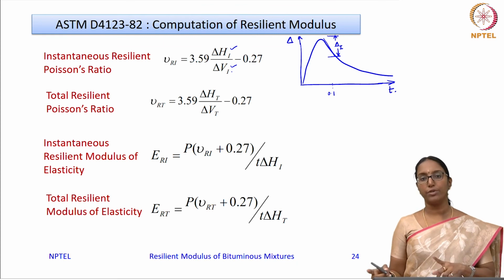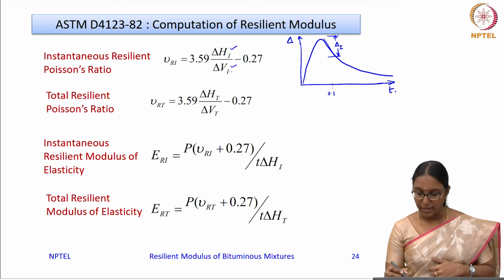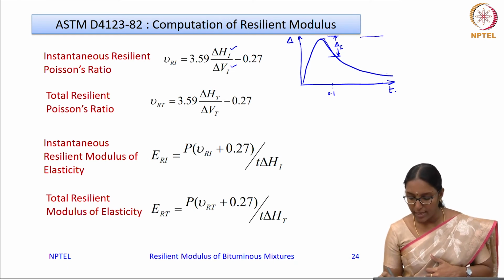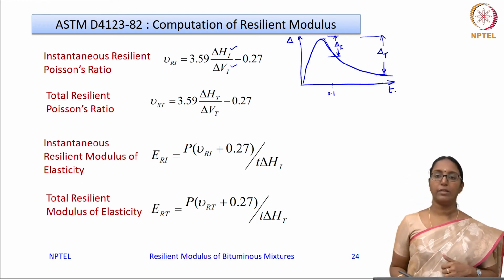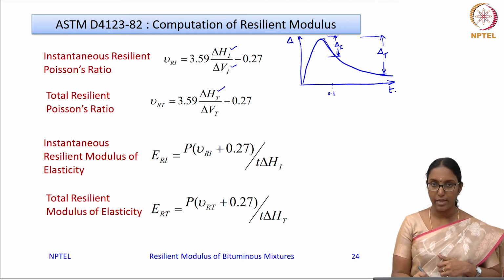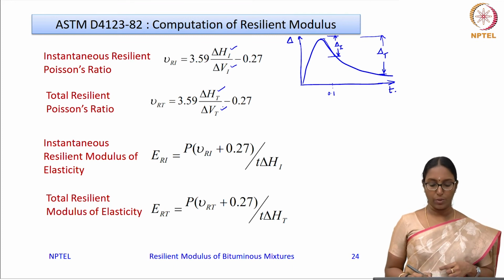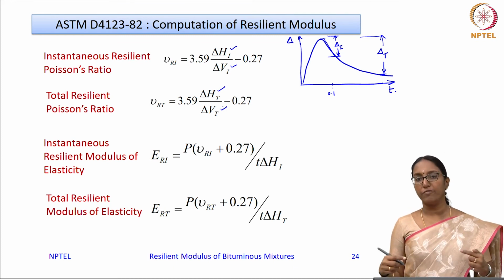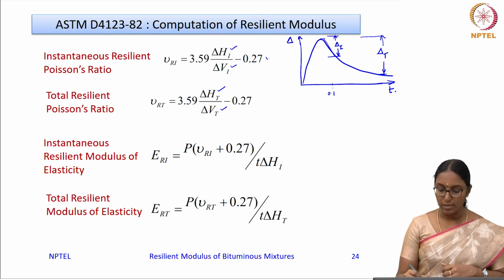So I denotes the instantaneous recovery, and the second one is the total recovery. From the maximum point till the end of the test, you see that this much deformation is recovered. If I mark it as delta T for total, this is the total deformation. If I look at the horizontal LVDT, I will mark it as delta HT, and if it is the vertical LVDT, it will be marked as delta VT. Okay. Now based on the horizontal deformation and the vertical deformation, you can compute the Poisson's ratio using this expression.